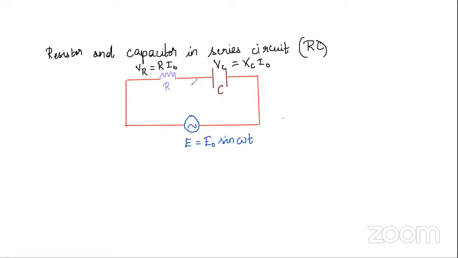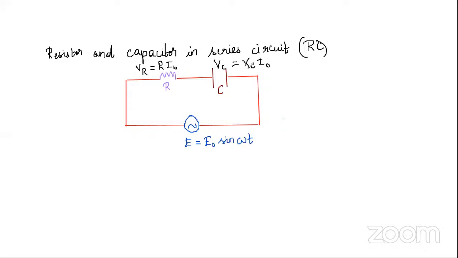So this is the RC circuit. You have the resistance and the capacitor here, and the AC signal is fed here. The potential drop across the resistance is VR equal to R into I naught. The potential drop across the capacitance is VC equal to XC into I naught.